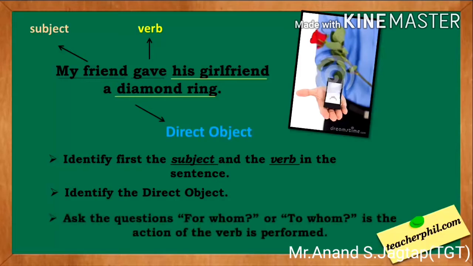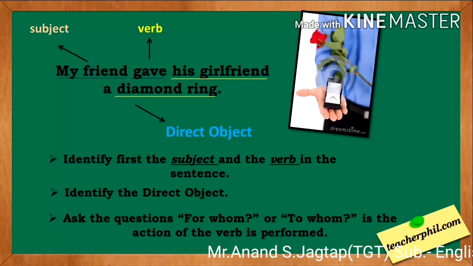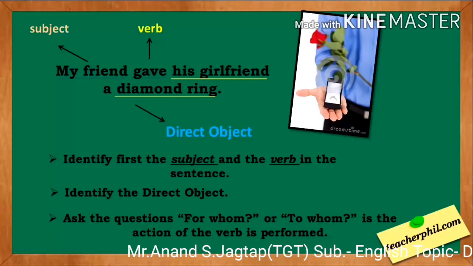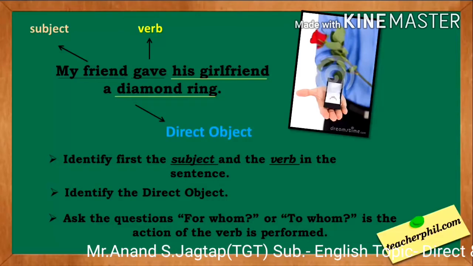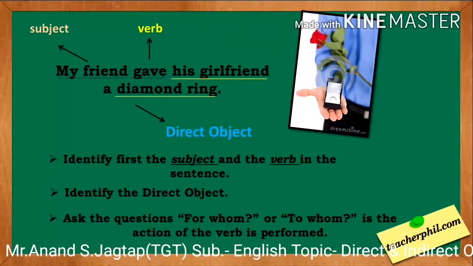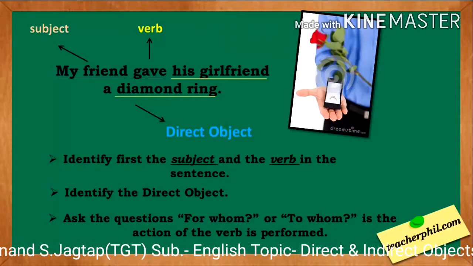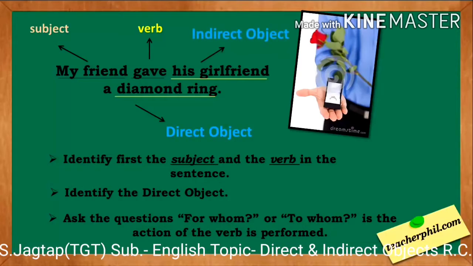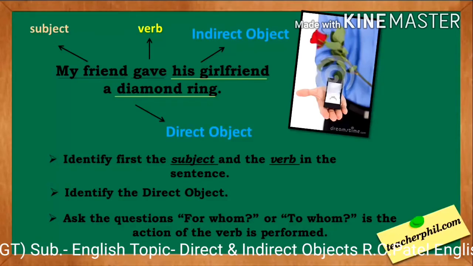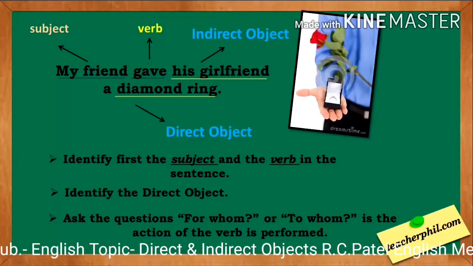Then you can ask the questions like for whom or to whom. To whom did my friend give a diamond ring? To his girlfriend. So his girlfriend is indirect object. Let us move to the next example.